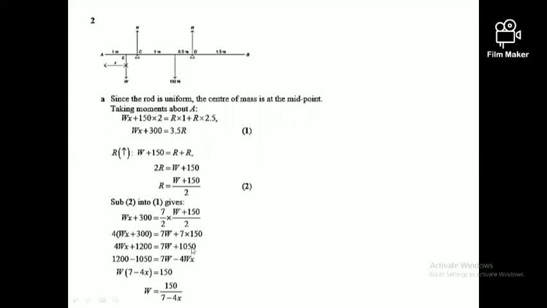Then I can move this 1050 to this side and 4Wx to this side. So it turns into 1200 minus 1050 equals 7W minus 4Wx. Taking W out, 7 minus 4x, W would be 150 divided by 7 minus 4x. That is the way of obtaining the expression in part A.